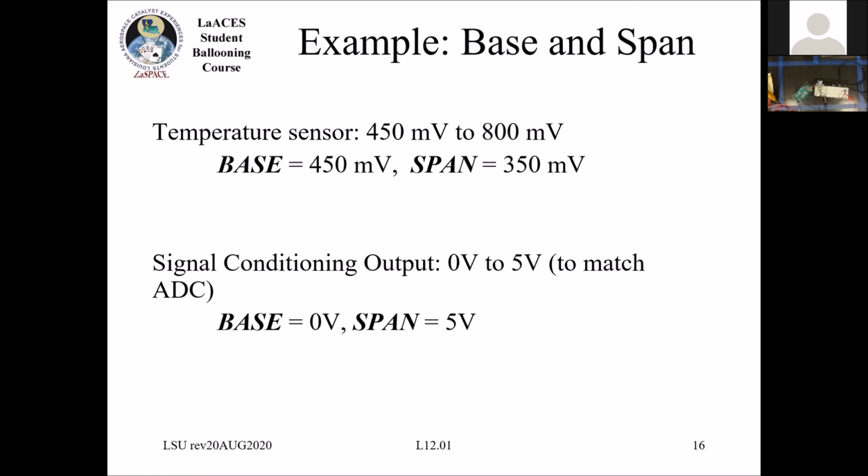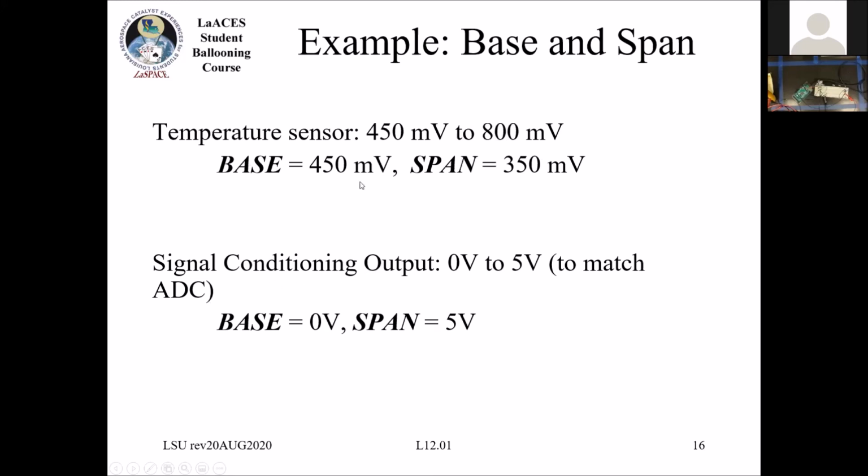So that's actually a very small part of our ADC signal, and if we didn't do any sort of signal conditioning, we would not be sensitive to a lot of those changes. So you would run it through an amplifier, and you're going to construct a circuit that's going to give you a linear relationship, where 450 is going to go to 0, 800 is going to go to 5 volts, and it's going to just be a straight line between those 2 points.